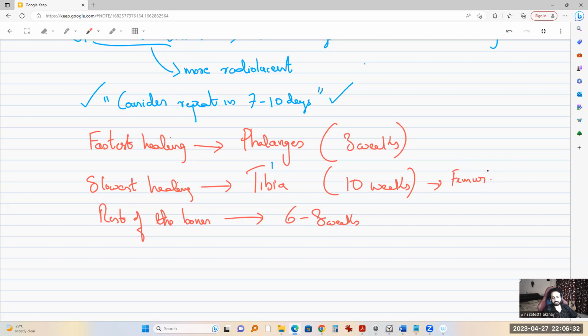And there is a reason why different bones heal at different rates. We'll talk about that after some time.